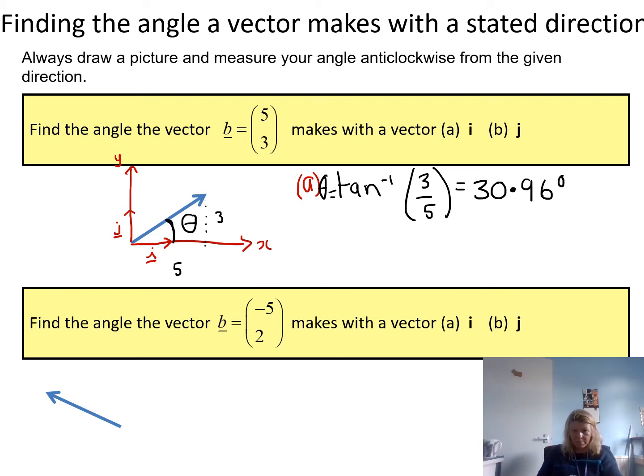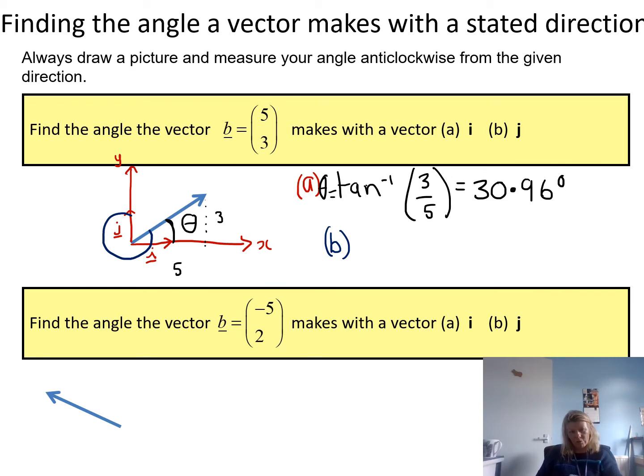Part B, looking from the direction j, so here we've got to go anti-clockwise, so that in fact is a big angle. It's going all the way around there. There are probably various ways of getting this, but if you think of your angles, if you go all the way around in a circle, it's 360. So we could work out this angle here and take it away from 360.